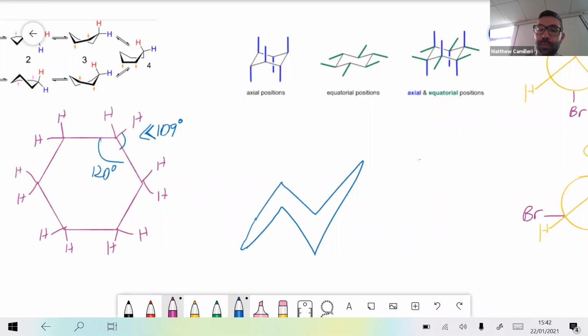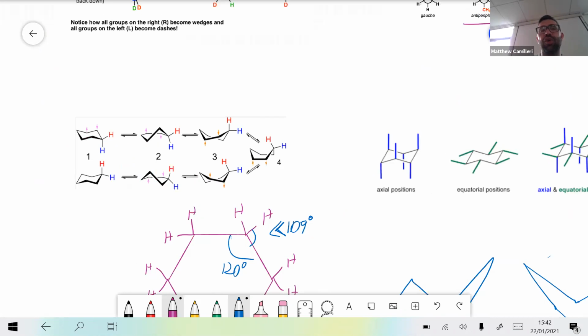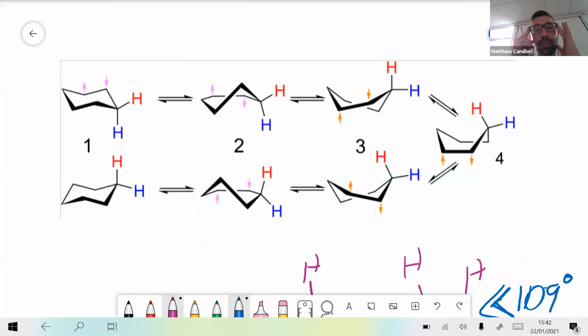You can start from top and go to the bottom, okay? So these two chairs would actually have slightly different properties because they would be complete mirror images. Now, I'm not too interested in getting you to learn how to change them from one to the other, okay? But there is something very important.